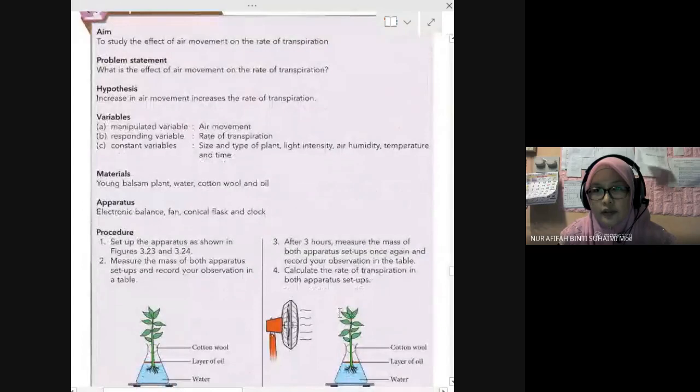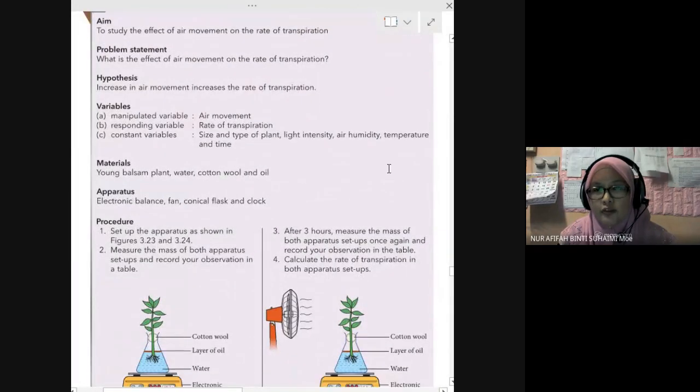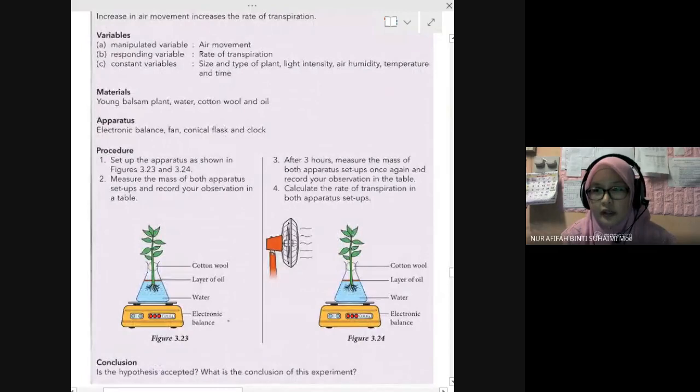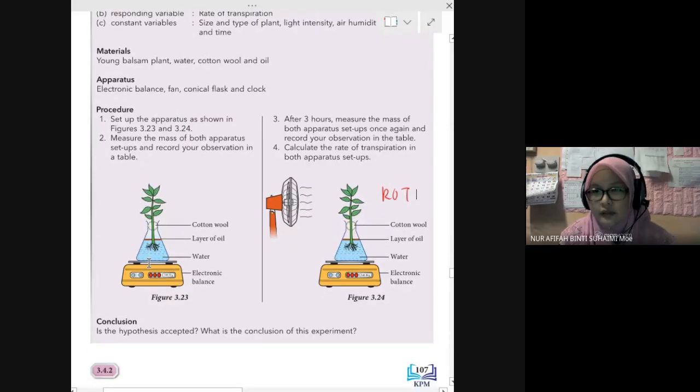Now, 3.4, effect of air movement. If there is air movement, what happens to the rate of transpiration compared to no air movement, where the air is steady, static? Which one has a higher rate of transpiration, 3.23 or 3.24? In which one will the transpiration process occur faster?